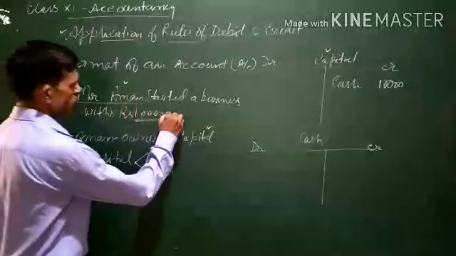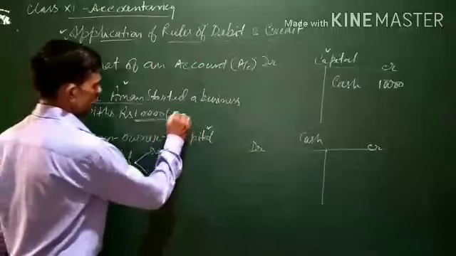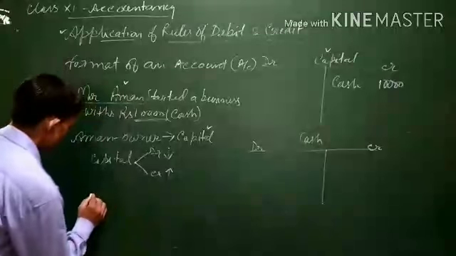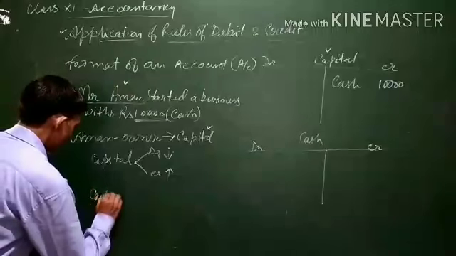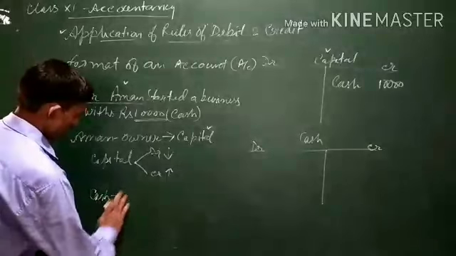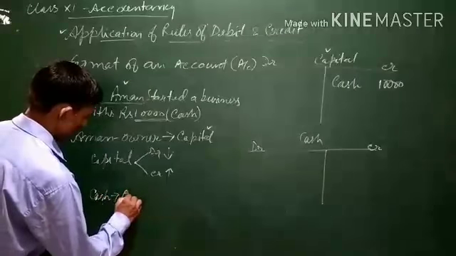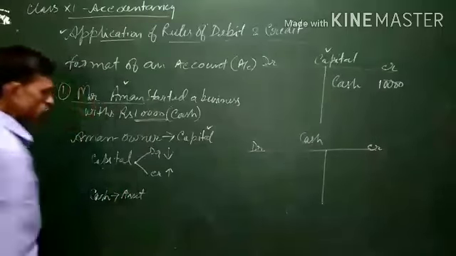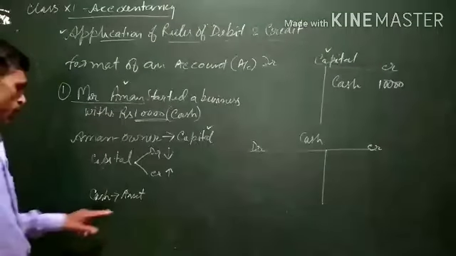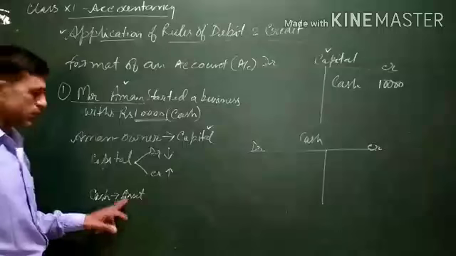Now the other account involved is cash. He is investing 10,000 in the form of cash. And cash is what type of account? Under the American approach, cash is an asset for us. Definition of asset I have already told you. Whatever is of use to us, that is an asset.